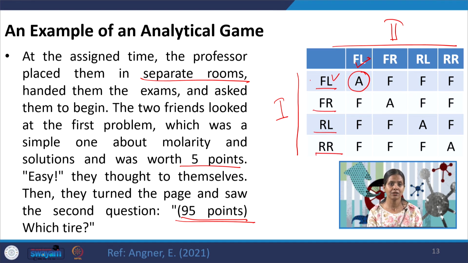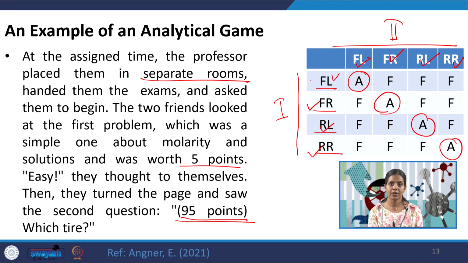In case they did not already decide or discuss it among themselves, then there is a high possibility that they will not be coming up with the same answer. So, as long as they come up with the same answer, like front right, front right, rear left, rear left, or rear right, rear right, they are going to get A grades.